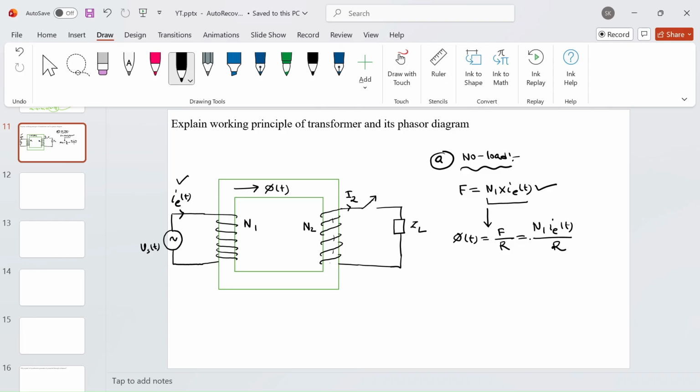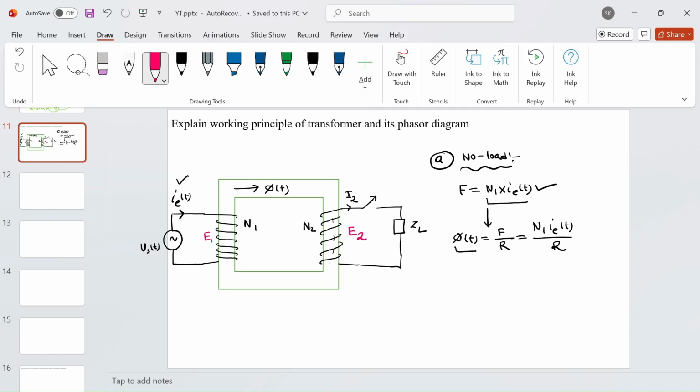This flux flows through the core, so it will induce a voltage in the primary circuit, which I'm calling E1, and the same flux flows through the secondary circuit also, so it will induce a voltage E2 there. Okay. Now at no load there will be no current, but still you will have an induced voltage, because there is no relationship between the induced voltage and the open circuit.